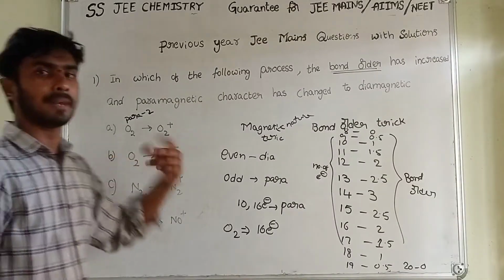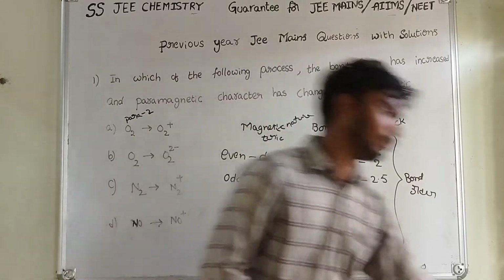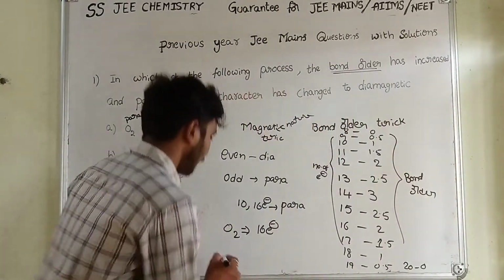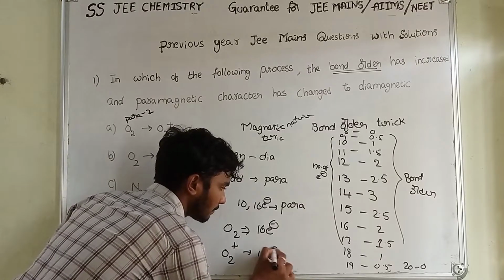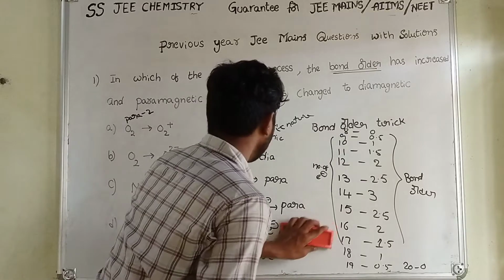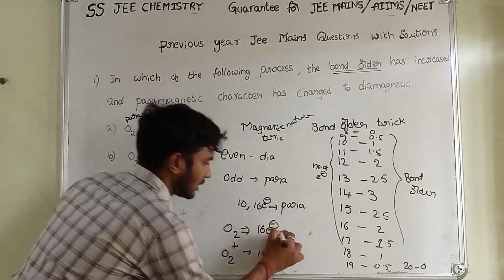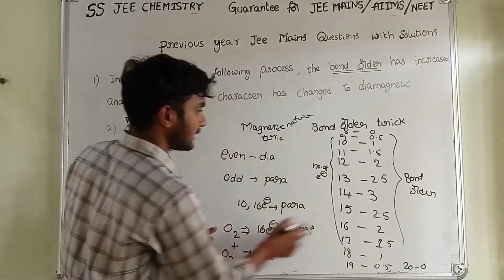O2 means 16 electrons and O2 plus is 15 electrons. 16 electrons is an exceptional case, so paramagnetic, and the bond order is 2.